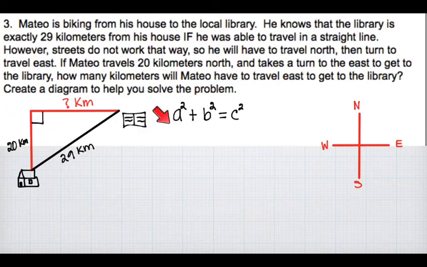So this would have to be 20 squared plus, now I got to take this side, but I don't know what that side is, so I might as well call that B. So we're going to go B squared equals the hypotenuse squared, C squared, and the hypotenuse is the slant or the side facing that 90-degree angle, so it's this side right here, which would be 29, so I got to go 29 squared.